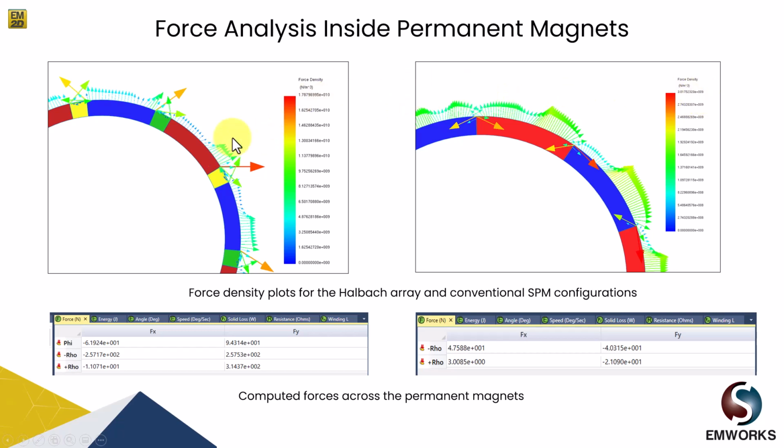So the force density is almost 6 times higher in case of Halbach array arrangement. This amount of force density needs to be taken care of while prototyping such type of array magnets.